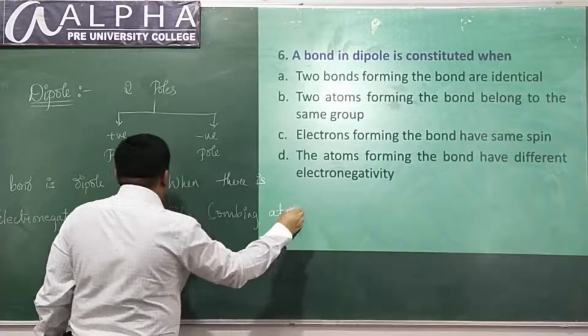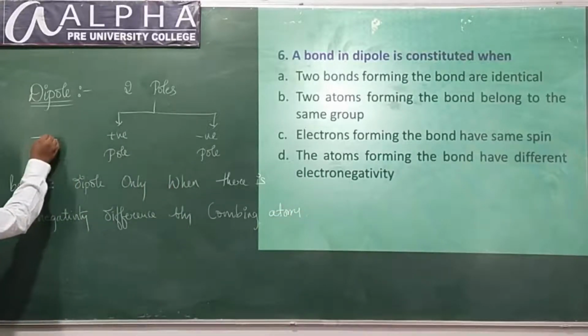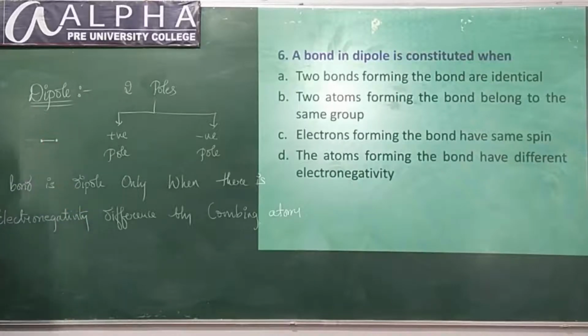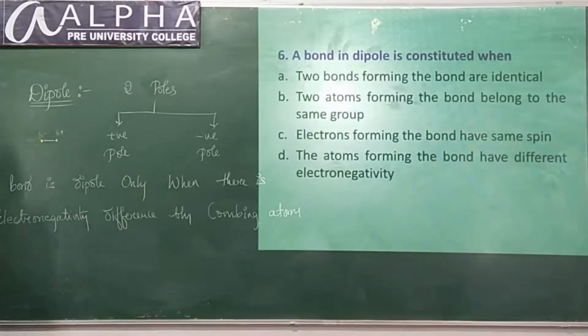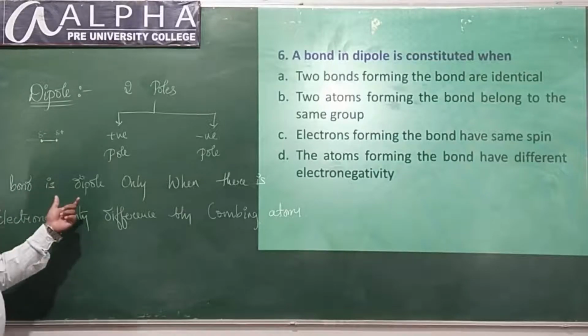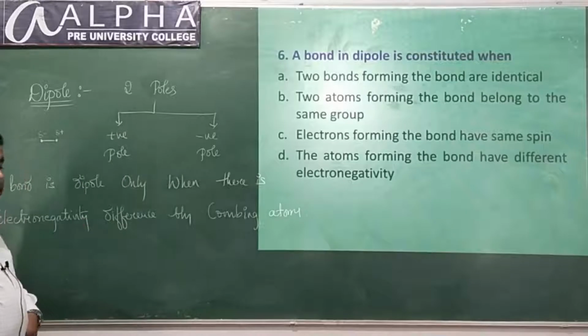Any bond, a bond means what? Two electrons, isn't it? Dipole means positive pole, negative pole. So a bond is said to be dipole only when there is electronegativity difference between the combining atoms.